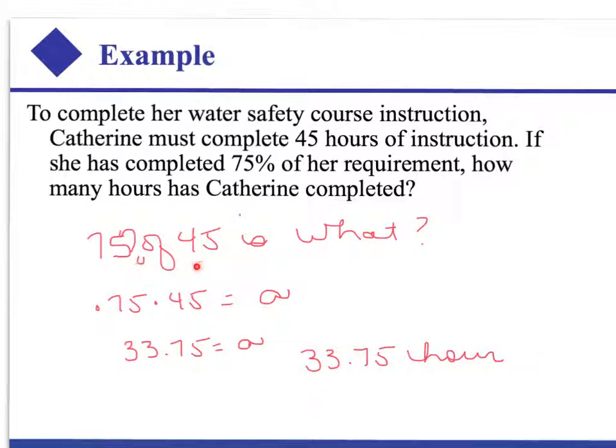So 75% of 45 is what number? So 0.75 times 45 equals A. 33.75 equals A. So she's completed 33 hours and 45 minutes, it's just 33.75 hours. So she still has a little ways to go.